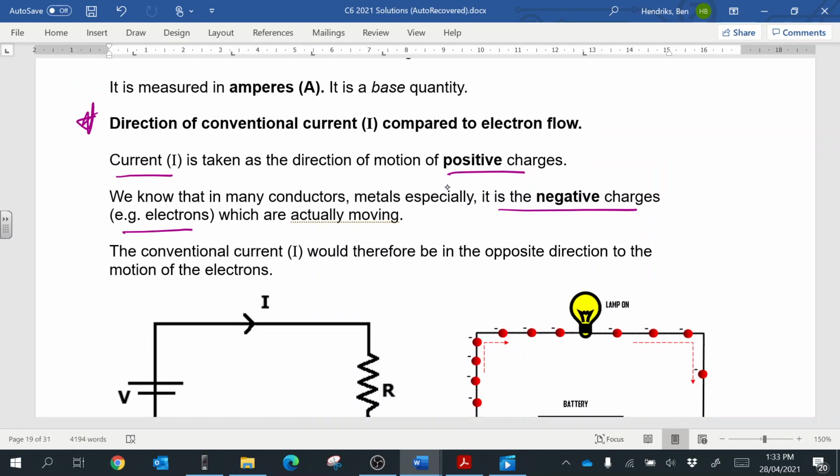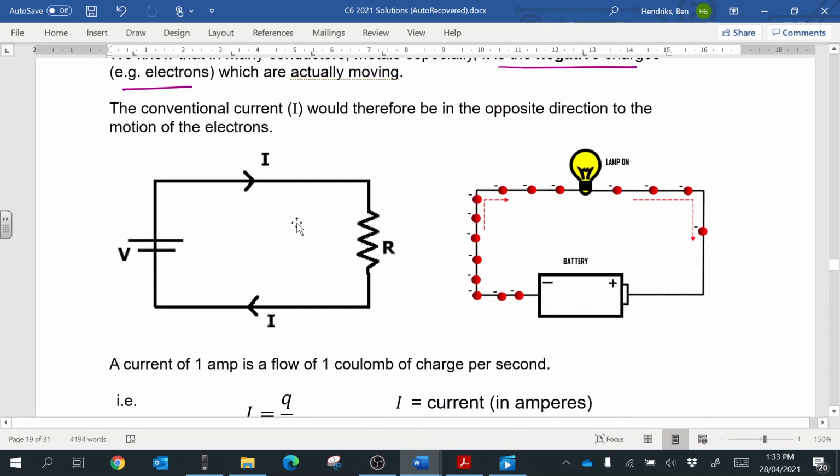So we want to talk about the direction of conventional current compared to the electron flow. It's actually the opposite. The convention of current would therefore be in the opposite direction to the motion of the electrons. If it were protons that were moving, it would be the same direction. But what we're saying is that the conventional current is to write it from positive.